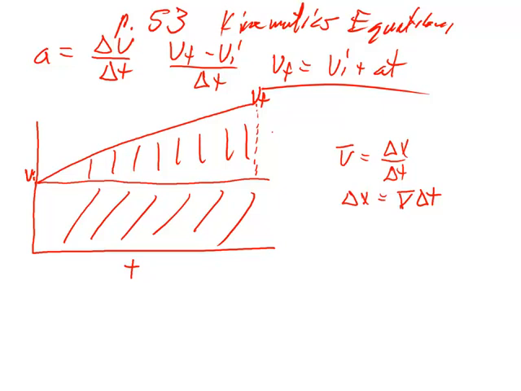Well, first of all, let's establish what this area is. We've already established that to find our displacement, it is the initial velocity right here times the change in time. So V_I times delta T. That's this right here. We've already established that. But we want to find what?